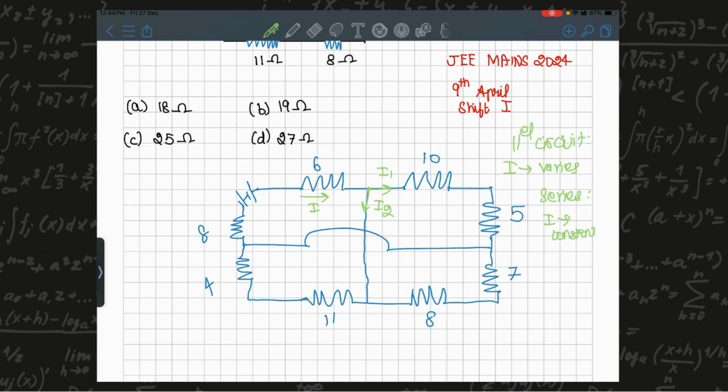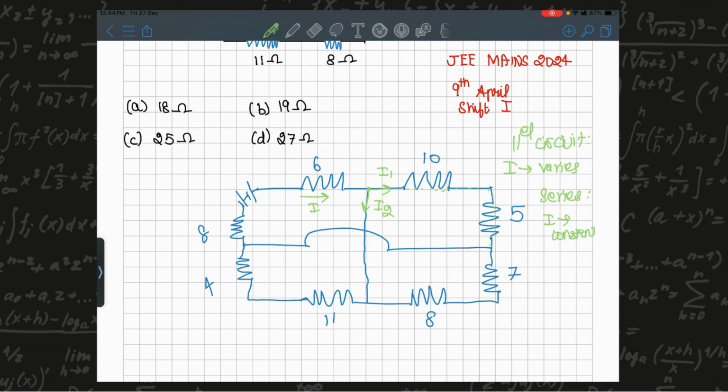This I current now flows through the 10 ohm resistor and then moves to the 5 ohm resistor. There is no division over here, there is no junction of wires being connected here. So the I current flows directly from the 10 ohms to the 5 ohms. Okay, there is no change in current.